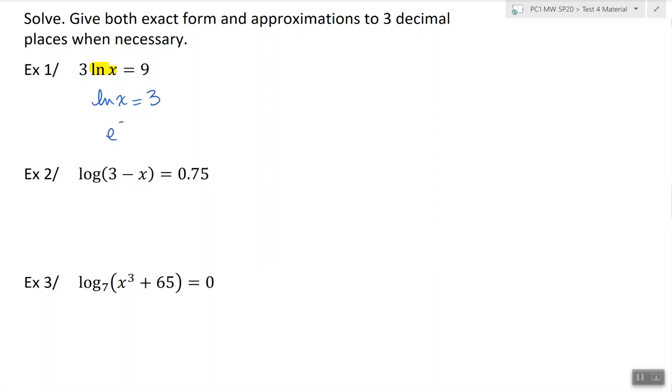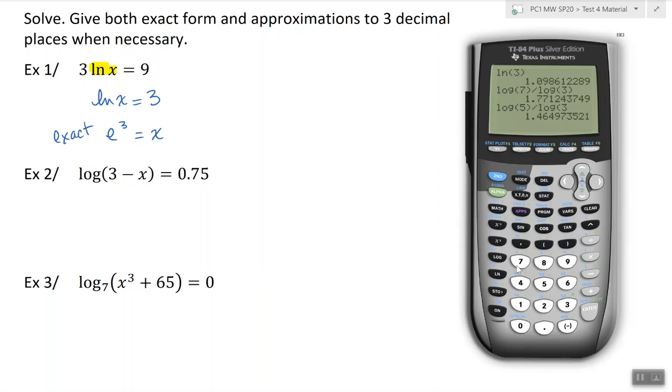We have e cubed equals x. This is our exact answer. And using our calculator, we can get e to the 3 is about 20.086 to 3 decimal places.